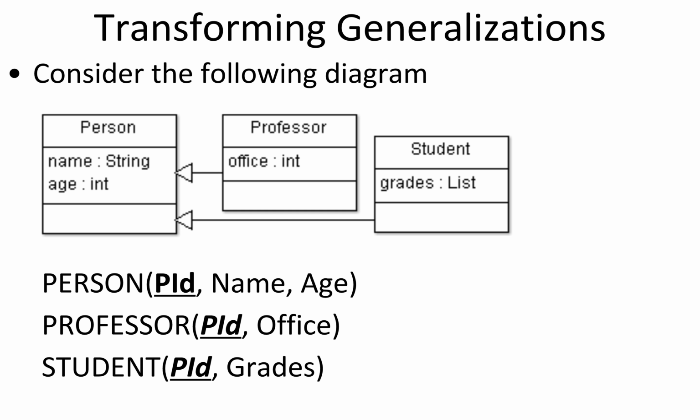Right. So presumably there's 3 tables, and in the person table, you would keep track of name and age, right? And the person ID. Notice that the way we're capturing here is that the professor table would only keep track of the office, but if I want to recreate the instance of the professor from the database, I would need to grab the data for the professor here in the professor table, but I would have to somehow join it with the data of the name and the age for that professor.